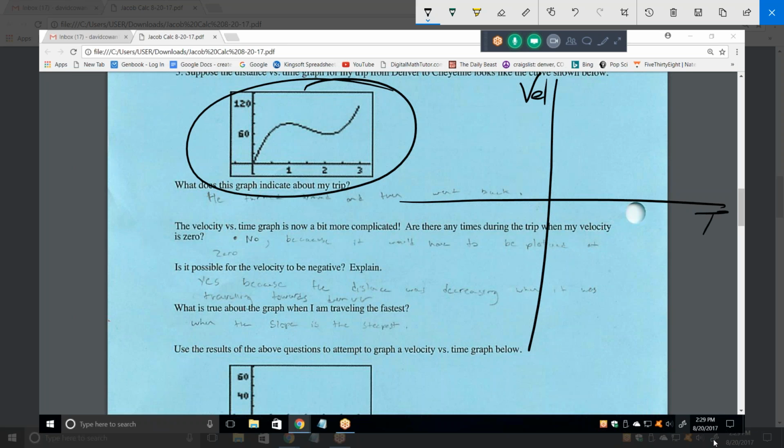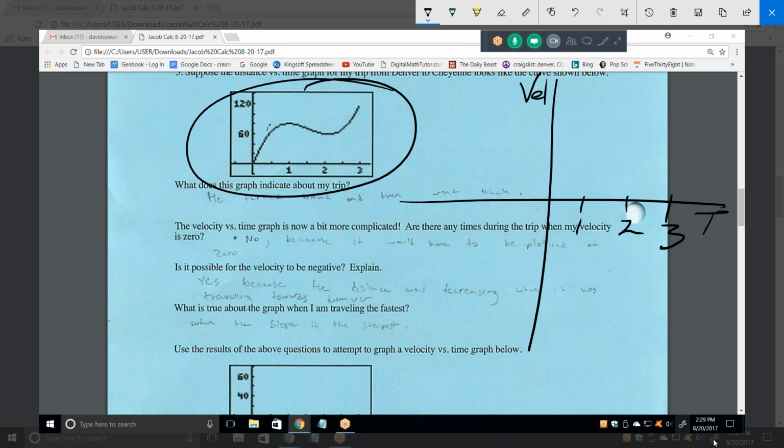What's my starting velocity? Right here. Slope of the tangent line at that point right there. 0. No, if I draw a tangent line, what's it look like?